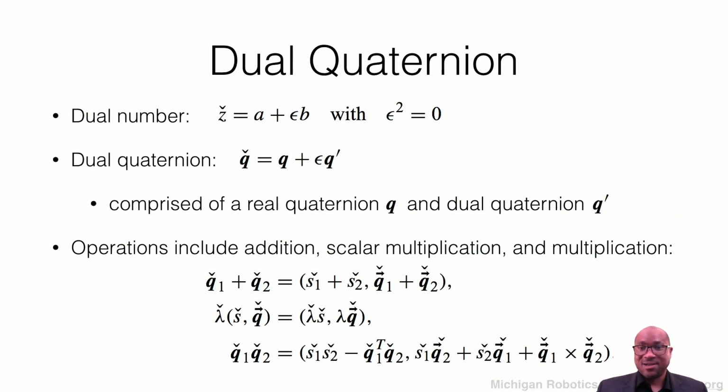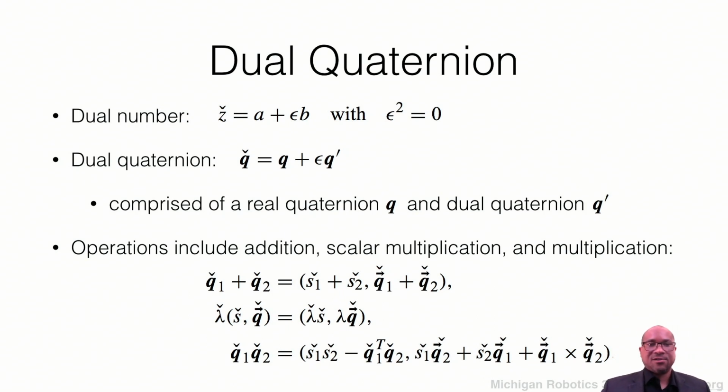I will just say that it takes some time to think about what that could be. If you take the square of something and get 0, what does that mean? If you have that, you can express a dual quaternion as a regular quaternion q plus epsilon times a quaternion prime, q prime. And so we have a real quaternion and a dual quaternion in this case.